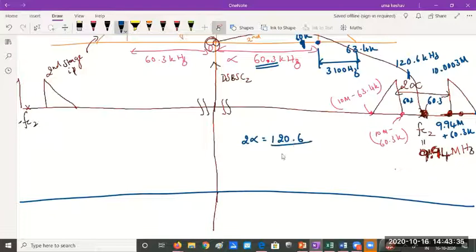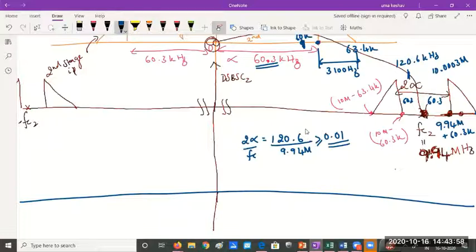If you divide this with the carrier frequency, say the carrier frequency which I am using is 9.94 meg or even 10 meg you can put approximately. Check out, this value should be greater than or equal to 0.01. I think you should be getting that.